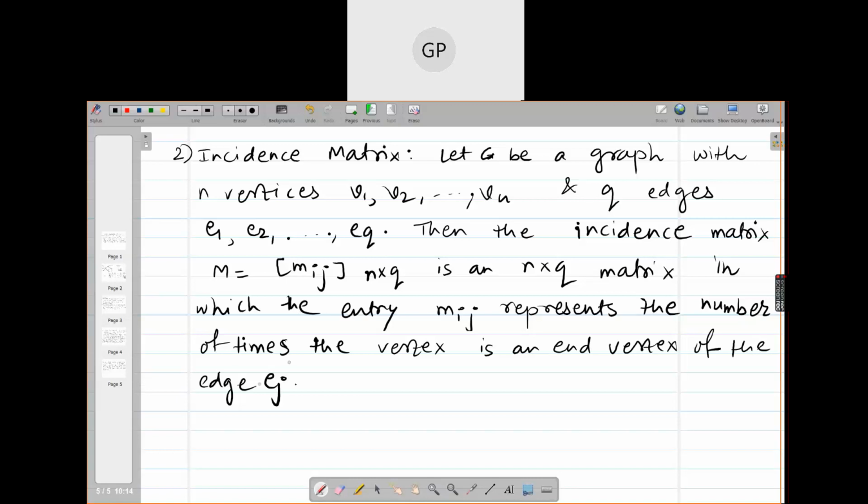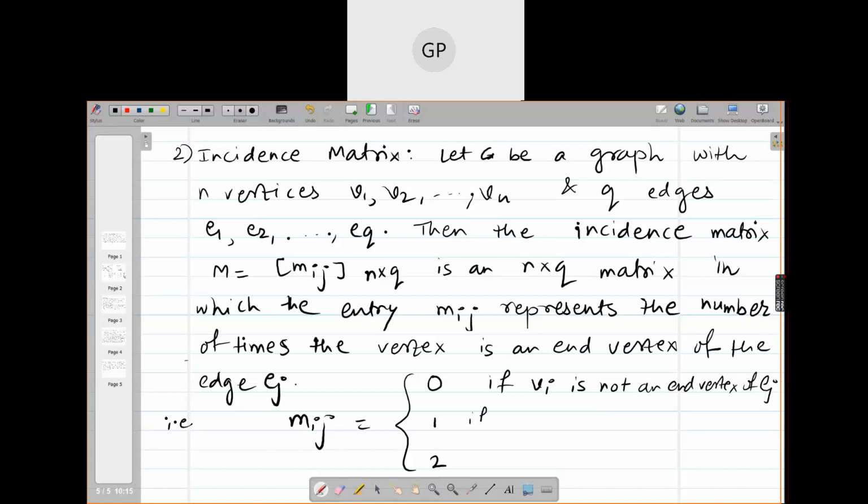So we have to write that Mij will be either 0, 1 or 2. It will be 0 if Vi is not an end vertex of Ej. When will it be 1? If Vi is an end vertex of Ej and Ej is not a loop.